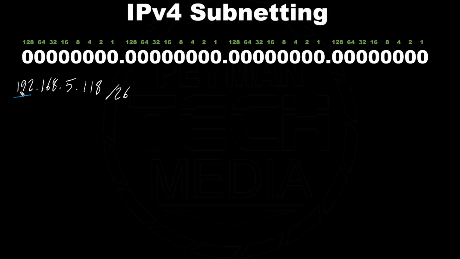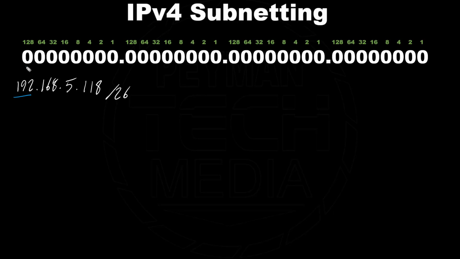So class C, this is 192, and the default subnet mask for class C is 255.255.255.0. That's a default subnet mask. But here, 26, we know that's not a default subnet mask, because when we have 255.255.255.0, that means we have 24 ones, not 26 ones.